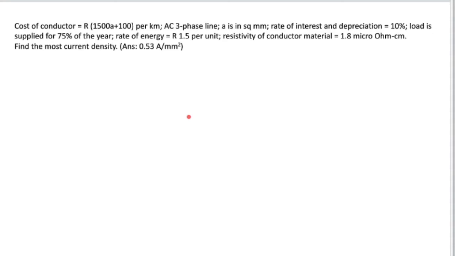So from that equation, you need to calculate the value of I over A. Can you respond, please, if you got the answer or not?